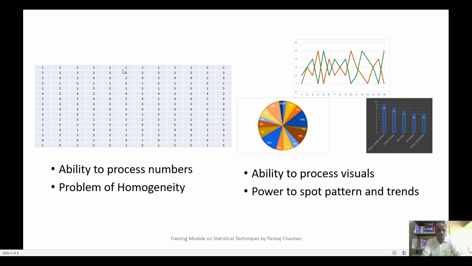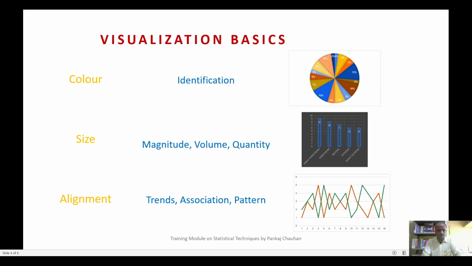Because for me, after a certain point, the entire data set could become a little more homogeneous. Whereas when I try to process the visuals, it is the ability of the human mind that it has the power to spot patterns and trends. So that was the point that I was making.